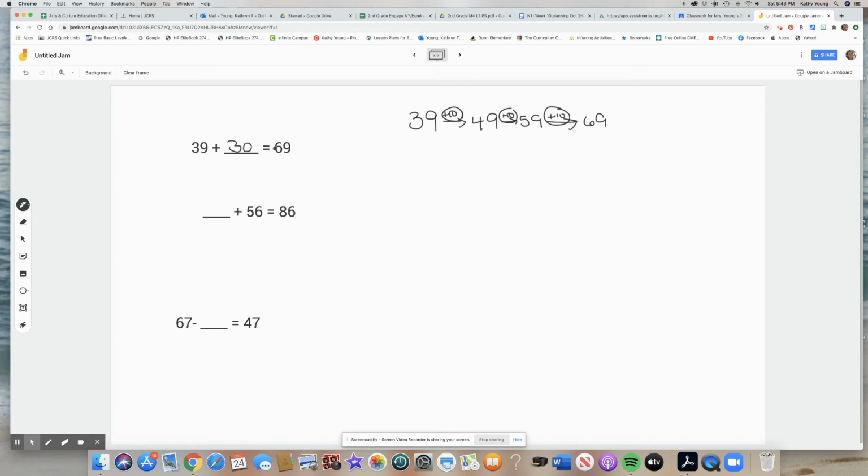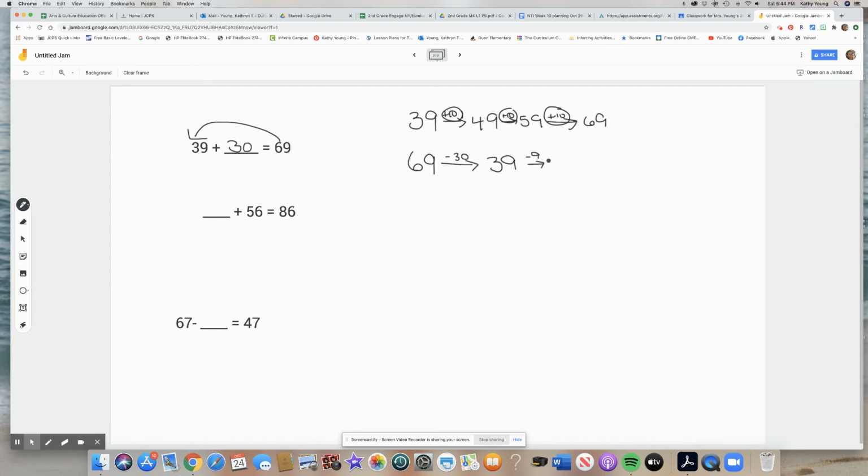Now you can also do this as a subtraction problem. If you know what your whole is and you know one of the parts, you can find out what the other part is by subtracting. So I could do 69 minus 39. I could do that the arrow method, which is 69 minus 30. I'm going to go ahead and just do one big step because I know 6 tens minus 3 tens would give me 3 tens. Now I need to take away the 9.